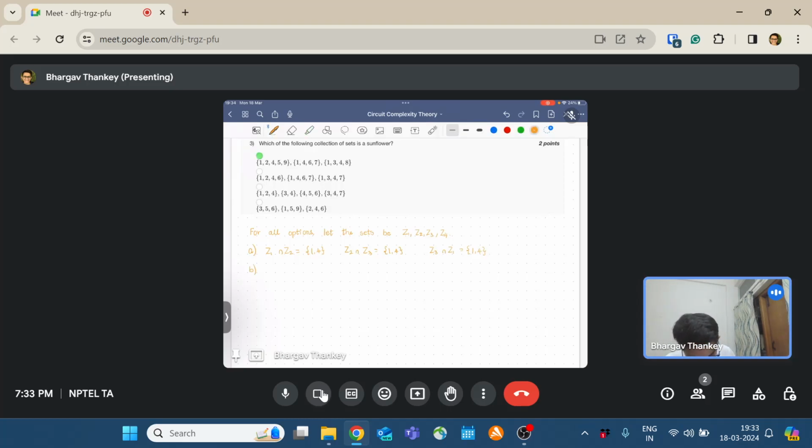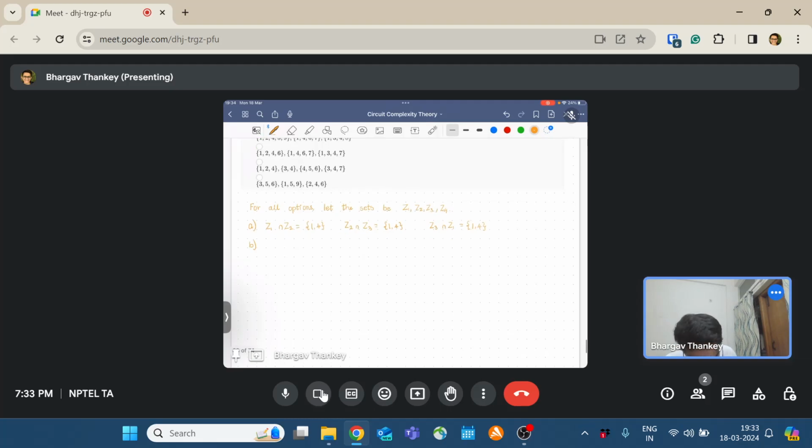What about B? Z1 intersection Z2 is 1, 4, 6, and Z2 intersection Z3 is 1 and 4. So this is not a sunflower because the two intersections are different.